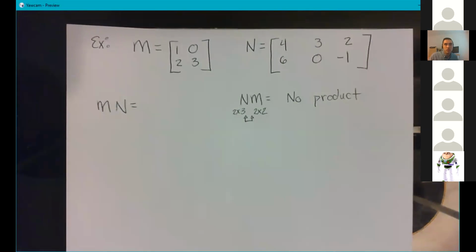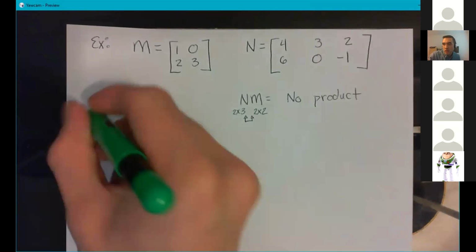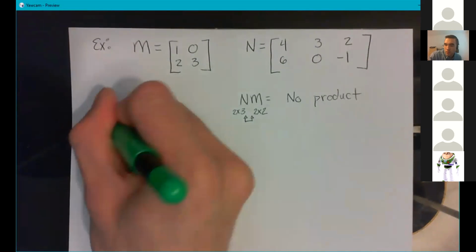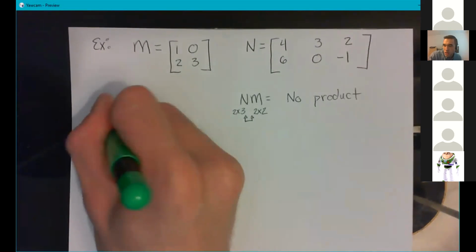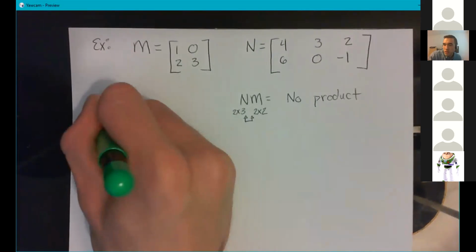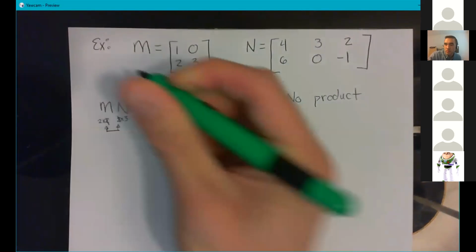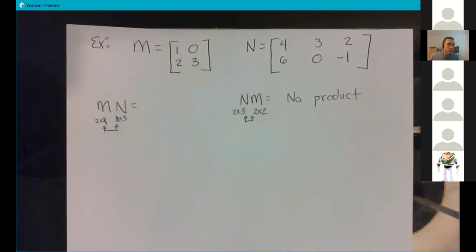However, we can totally do M times N, because this first one is a 2 by 2 and the second one is a 2 by 3. These inside numbers agree. When I multiply these two matrices together, what's the dimensionality of the total product? 2 by 3. This should produce a matrix which is 2 by 3 in size.